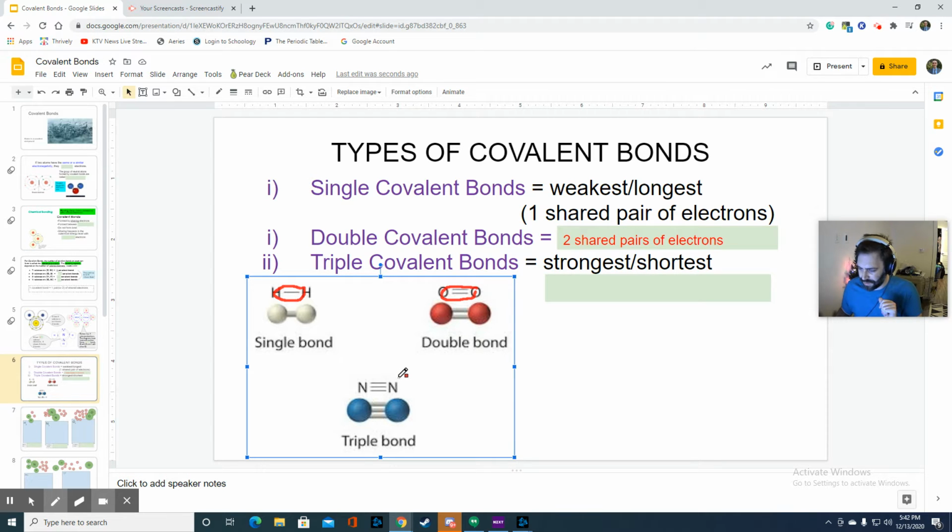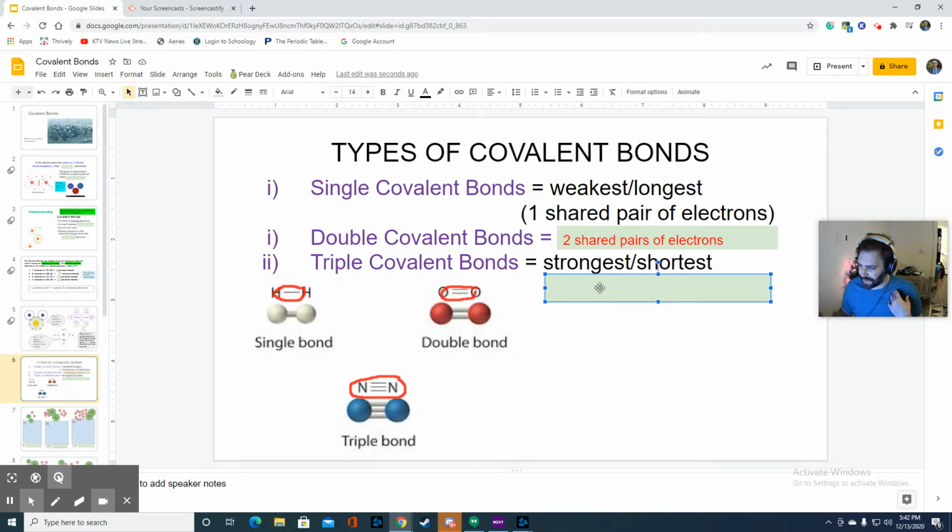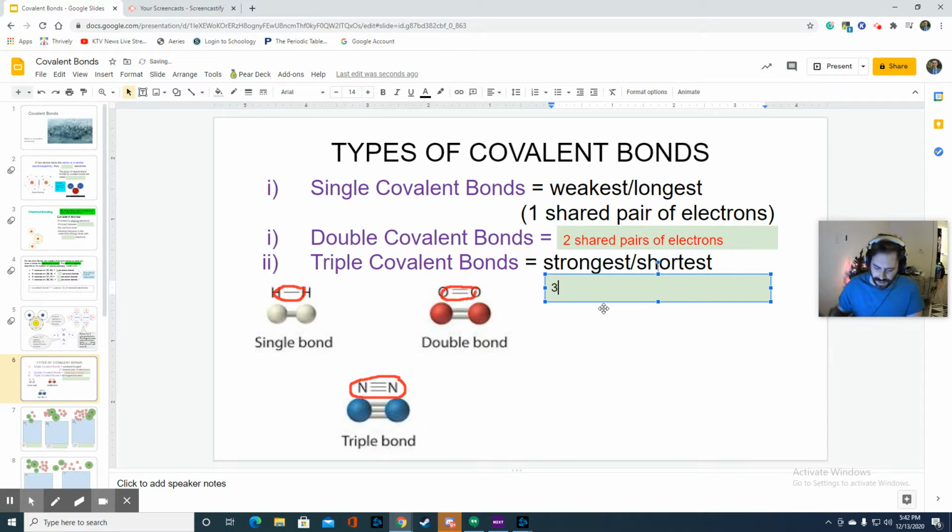Here we have nitrogen with 3 lines. Just count each line by 2, and that's how many electrons there are. So for a triple covalent bond, it has 3 shared pairs of electrons. So 6 total.